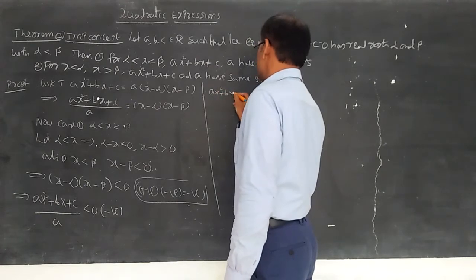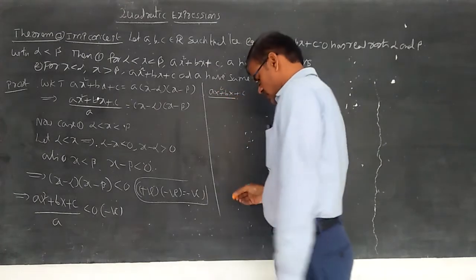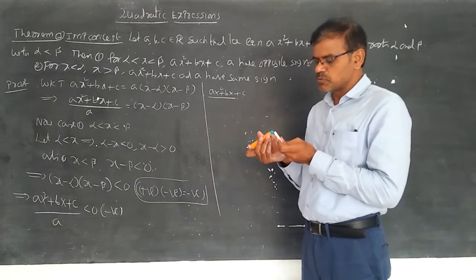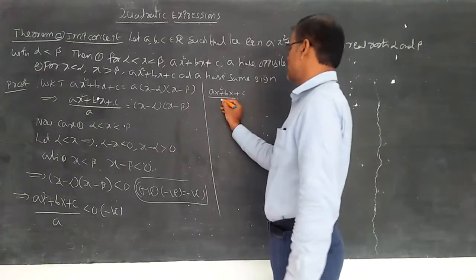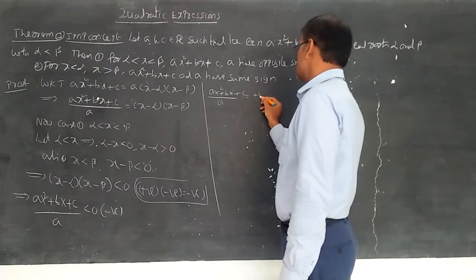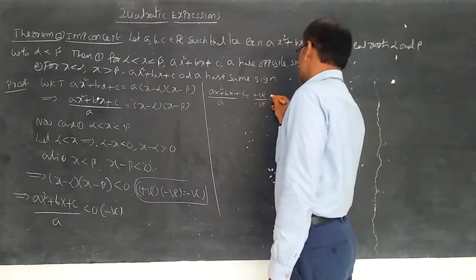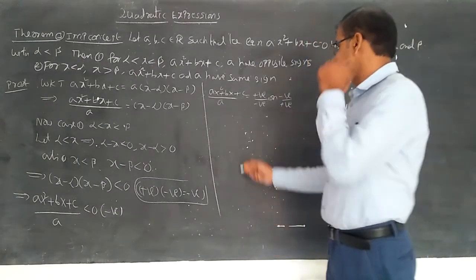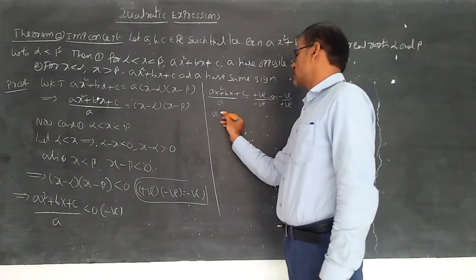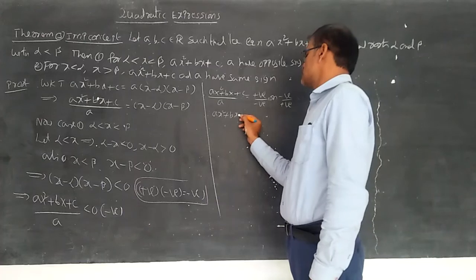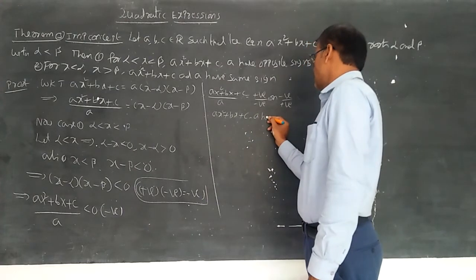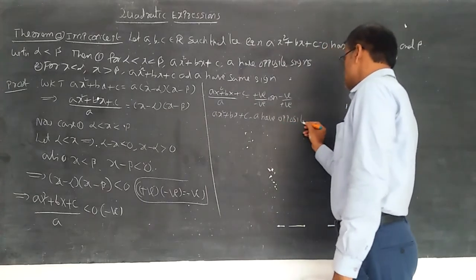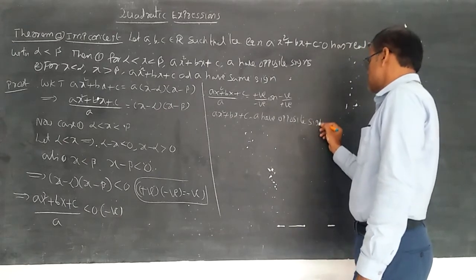Positive by negative or negative by positive. Therefore ax square plus bx plus c and a have opposite signs.